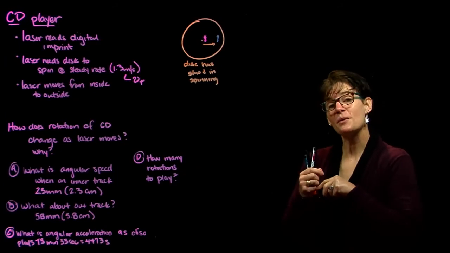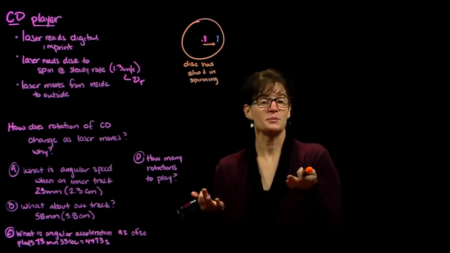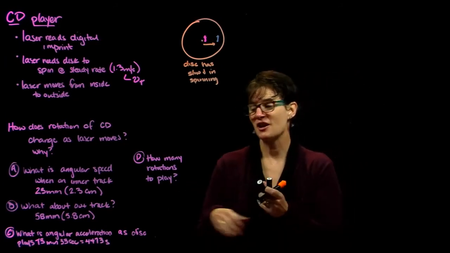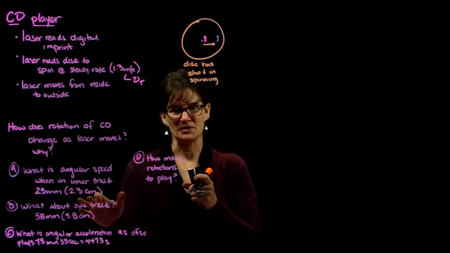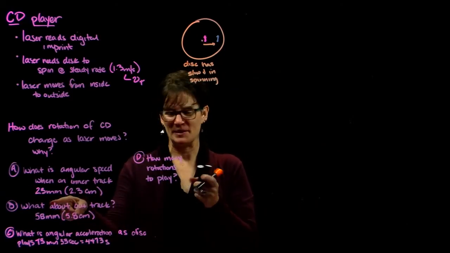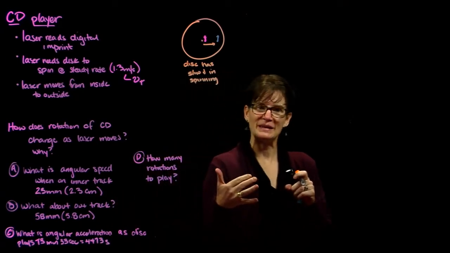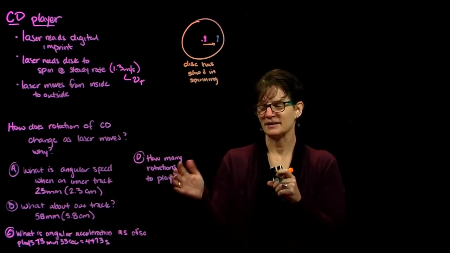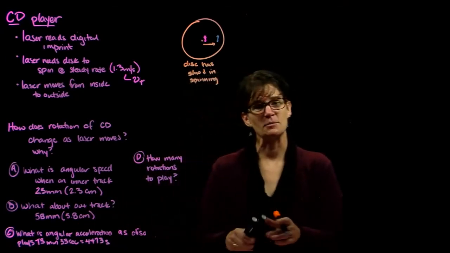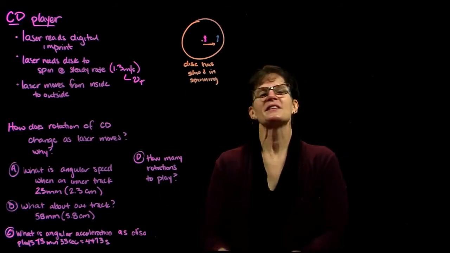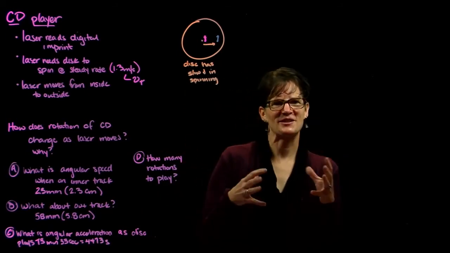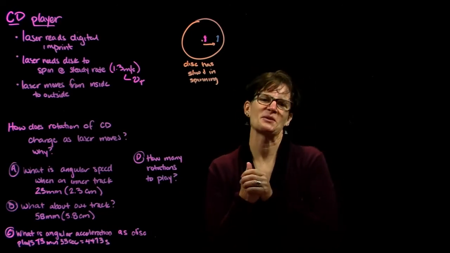So the first question in the problem asks, what's its angular speed on the inner track? On the inner track, the disc is at 2.3 centimeters, or 23 millimeters, and what is its angular speed on an outer track, where it's sitting at 5.8 centimeters? So this is our rotational to translational, or translational to rotational motion.